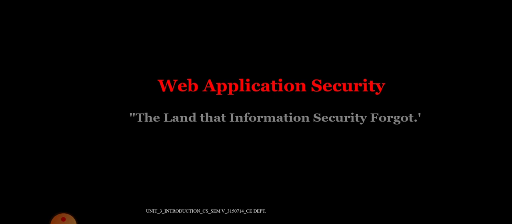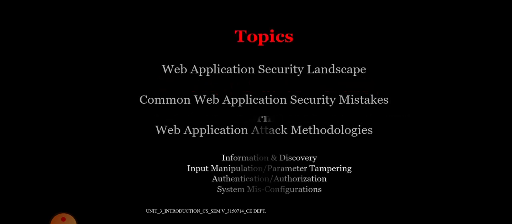Paros proxy includes a number of useful tools for running security tests. Then we also use Nmap, which we already saw in detail in the last session. Then Nessus, we already learned Nessus. Nexpose is also used for web application vulnerability scanning.